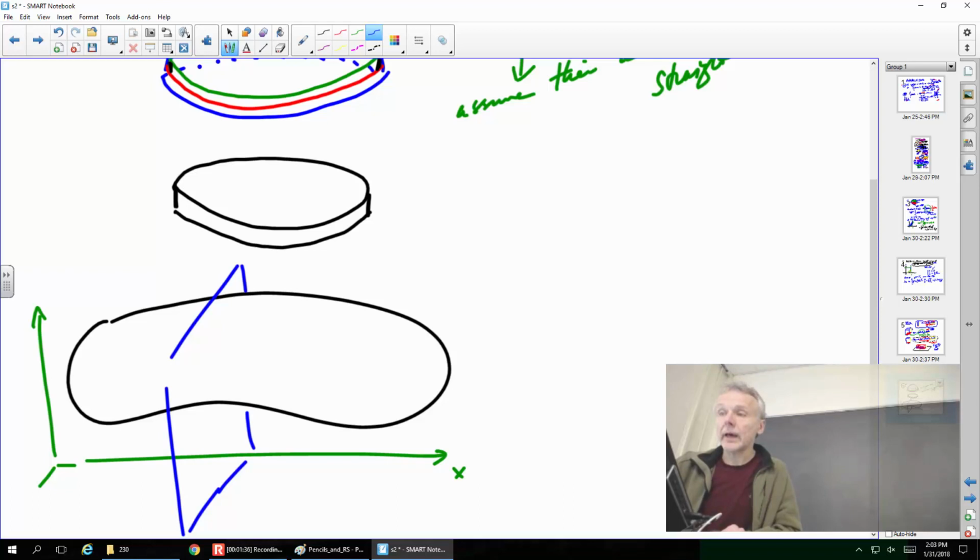And I will be cutting out of my solid something like this maybe. Okay, and I will be following whatever is happening to those cuts, to the areas of the cross sections.